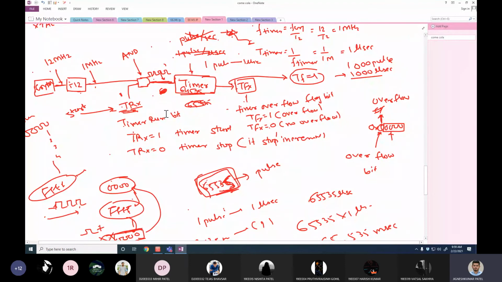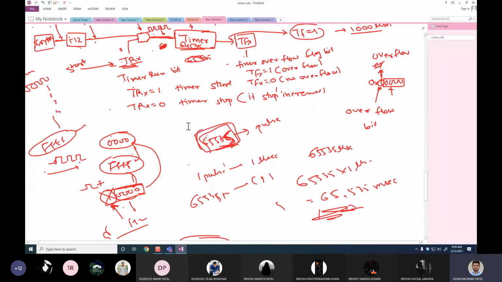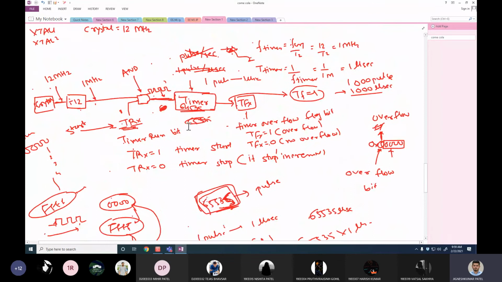I'm going to show it to you in a moment, but if you understand this, then you will be able to program. We'll start programming tomorrow, but this information is required before programming, like why we require 65435 in the timer and not 0000. If you understand that, then you will be able to program the timer.